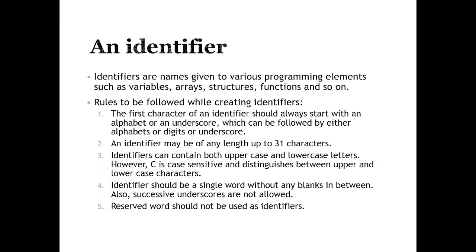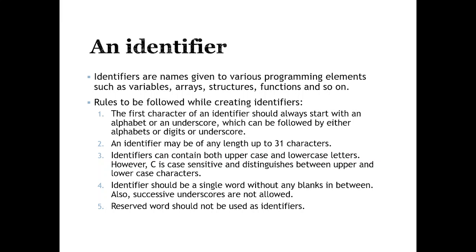So a name is given to identify something, and this is what is called an identifier. So what is an identifier? Identifiers are the names given to the various programming elements. If I want to identify some part of a C program, then I must know the identifier.